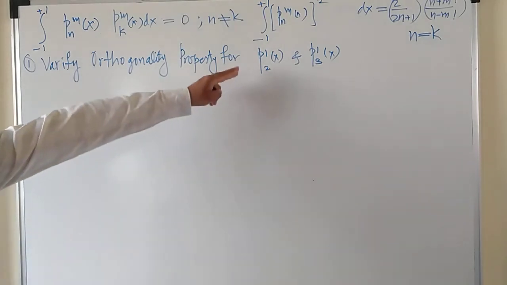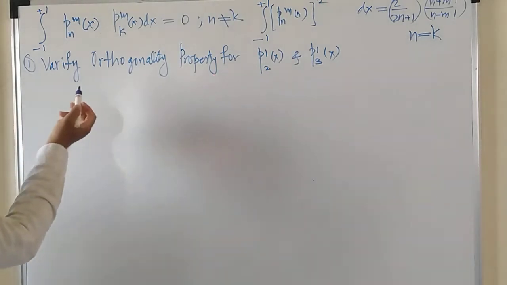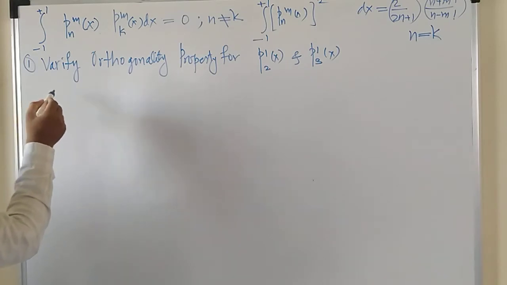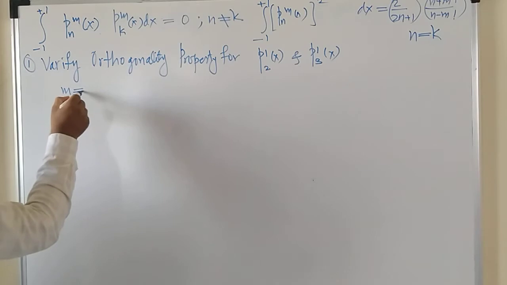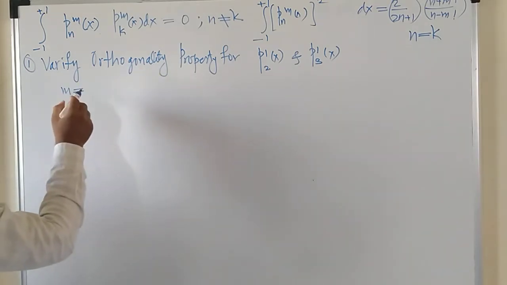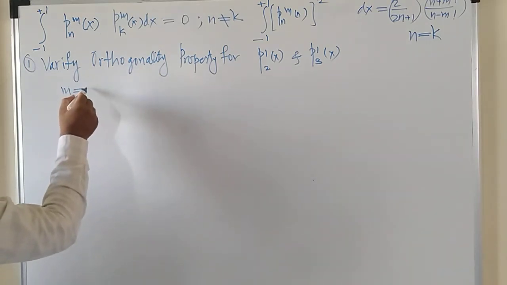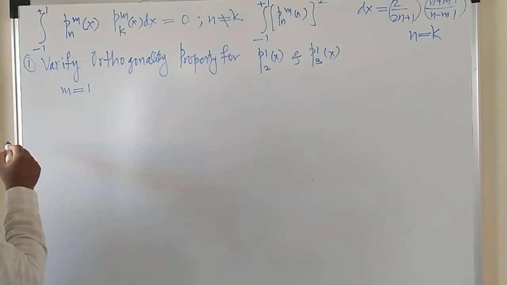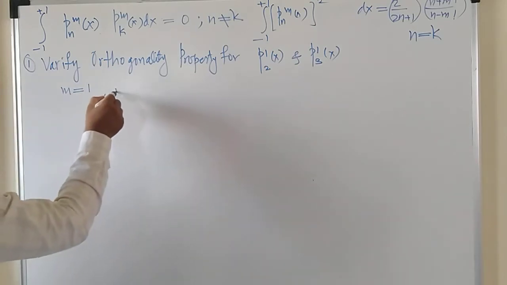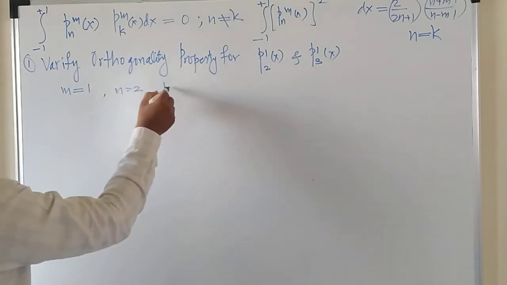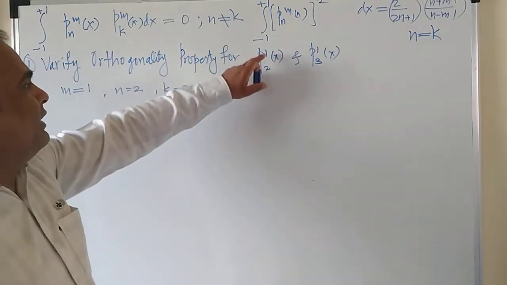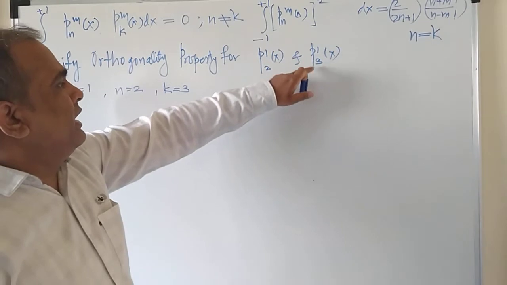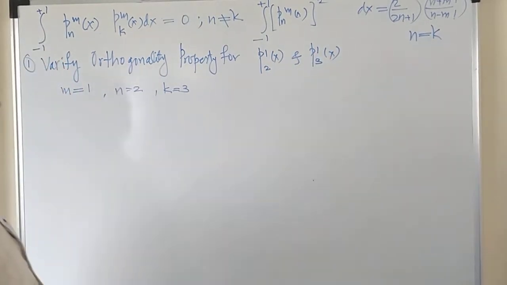Now if we observe these two associated Legendre polynomials, you can easily compare them and see that m is equal to 1, n is equal to 2, and k is equal to 3. Pn m is this, Pk m is this, right?